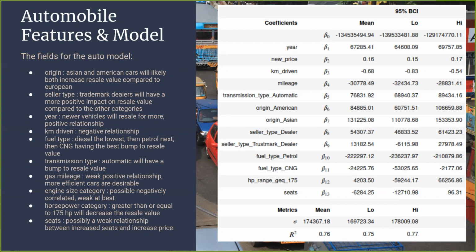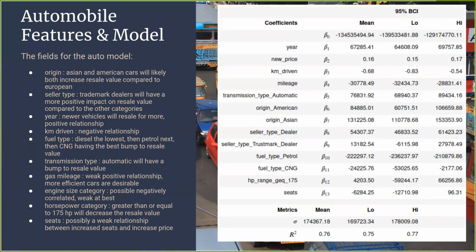We also thought that the transmission type being automatic would give a little bit better of a resale value. People tend to prefer driving automatic versus manual, unless you're really into cars and driving manual in particular, but on the whole, automatic's easier and typically nicer for the average individual.